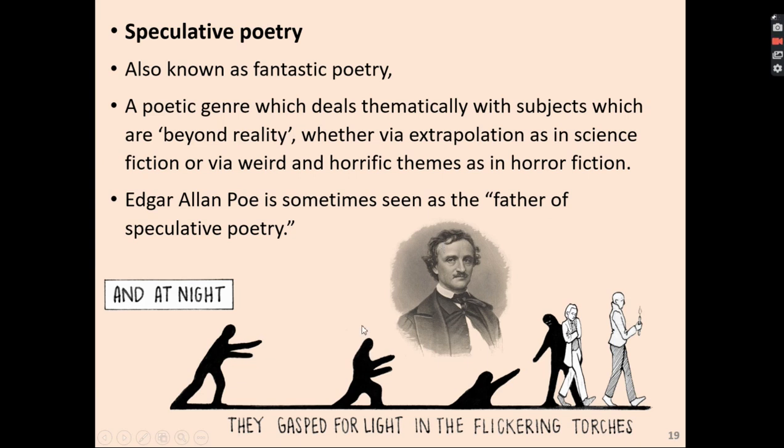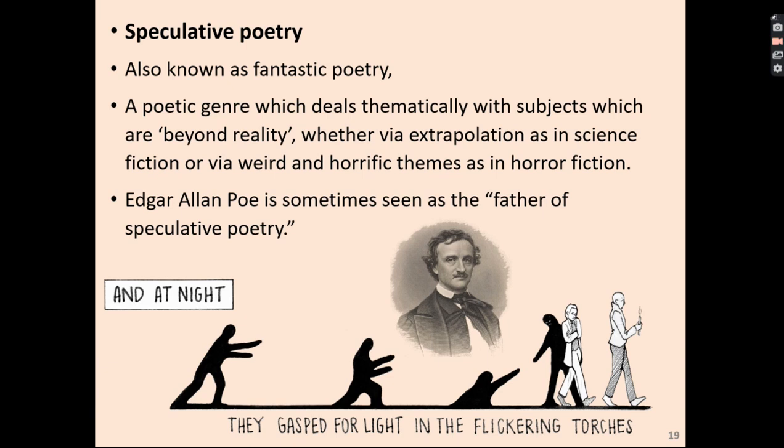We also have here the speculative poetry. It is known as fantastic poetry. It's a poetic genre that deals thematically with subjects that are beyond reality. So it's something very superficial, and that's why it is called speculative poetry, whether via extrapolation as in science fiction or via weird and horrific themes as in horror fiction.